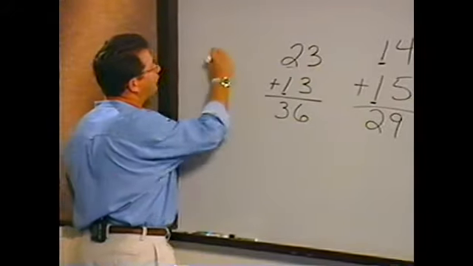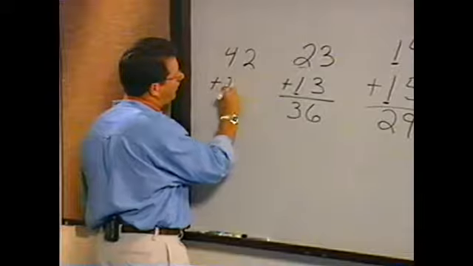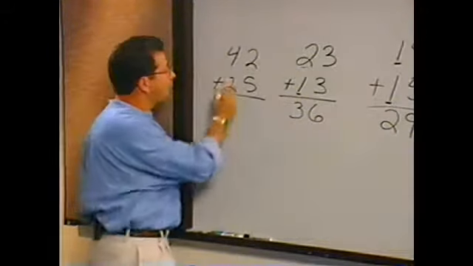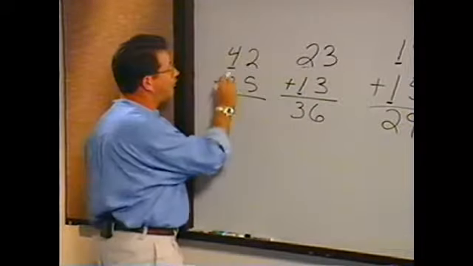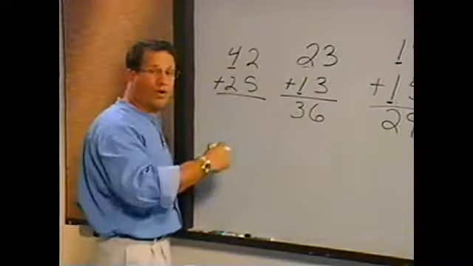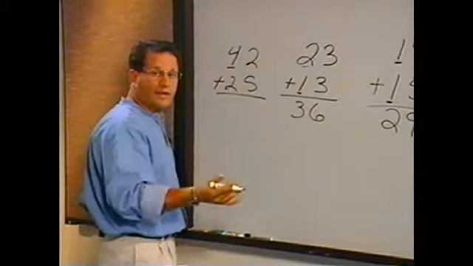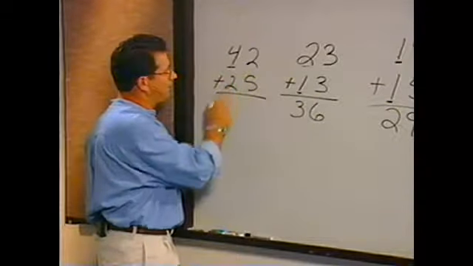How about 42 plus 25? Now, a little bit bigger. First thing we do is we come up here to the top left corner. There's a 4 there. Stands for 4 tens or 40. This 2 stands for 2 tens or 20. So let's add those together first. What's 40 plus 20?